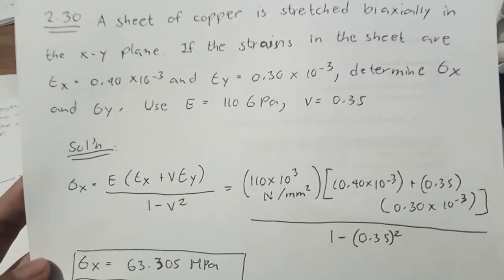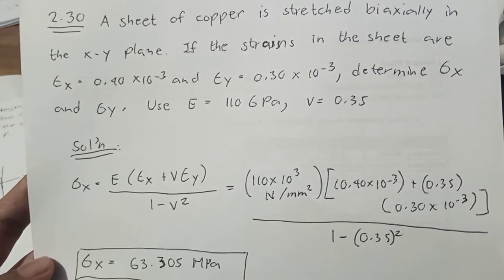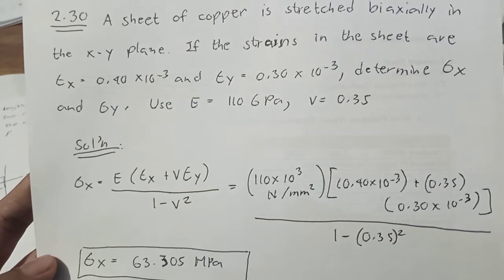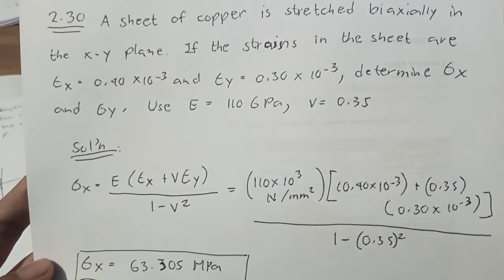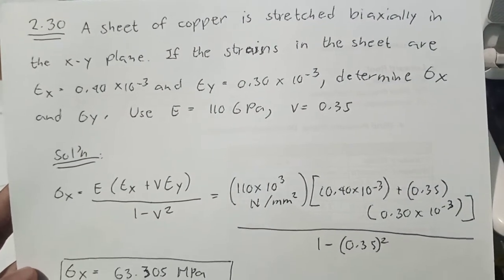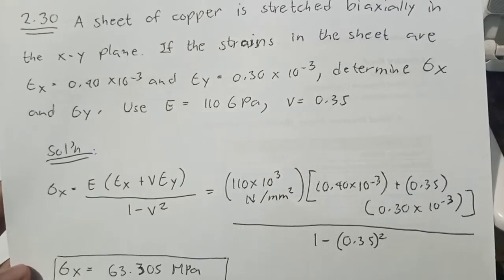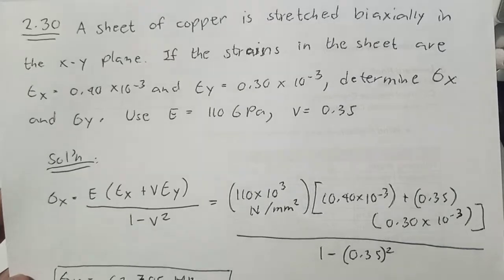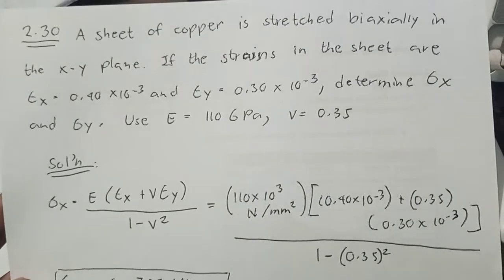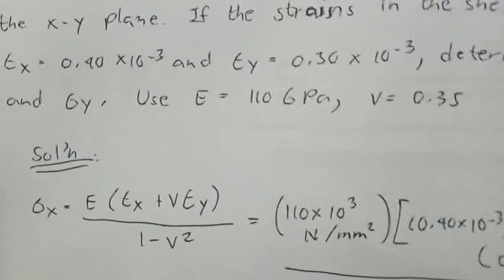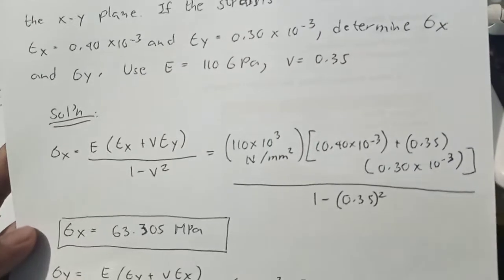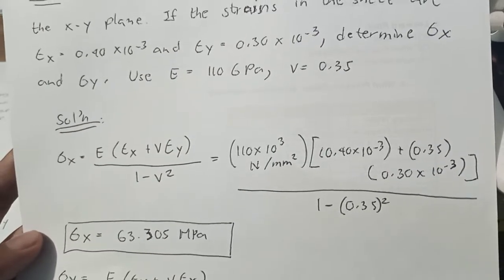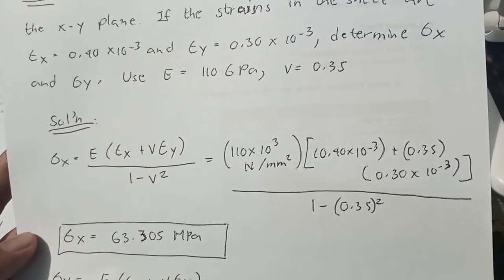First, please be vigilant while solving. Since a gigapascal is equivalent to 10 to the power of 3 Newton per mm squared, I convert it to Newton per mm squared by multiplying by 10 to the cube.